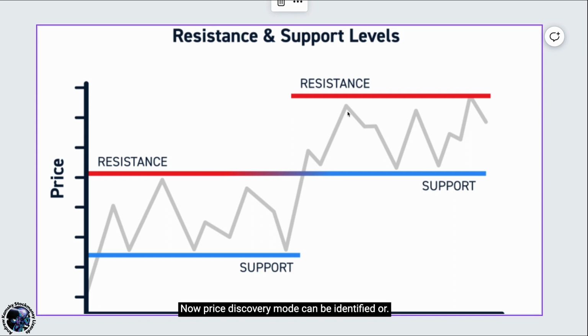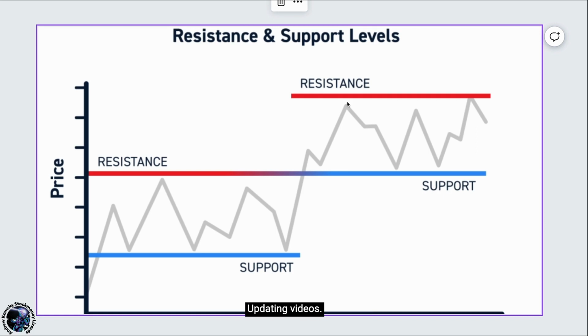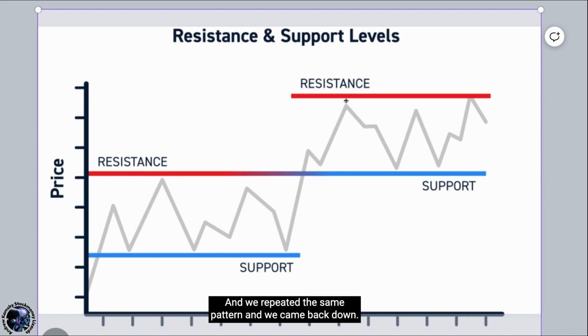Price discovery mode can be identified, or you can try to estimate where the new high is going to be using Fibonacci levels, which we'll discuss gradually as we move along these educational and updating videos. But forget Fibonacci for now. We got a breakout from our resistance line, we broke out, we made a high, and we repeated the same pattern and we came back down.